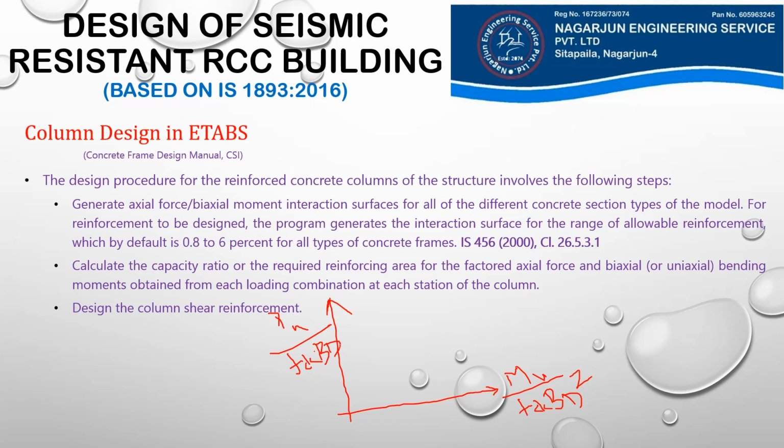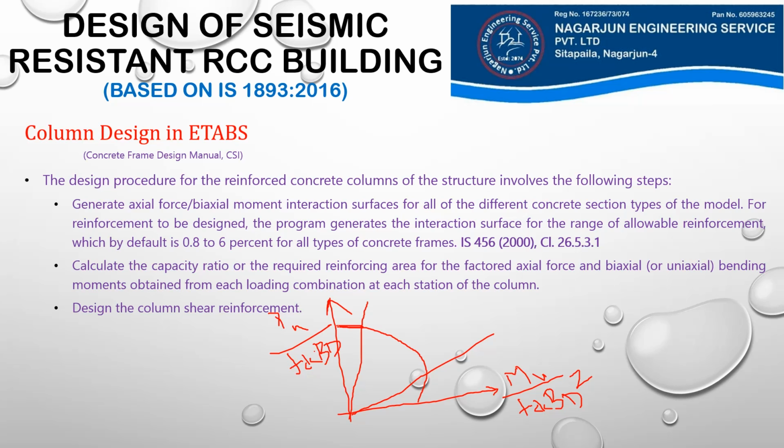We have this in our SP16 design code, and our curves are somewhat like this. And we can divide this curve into 3 different sections by using these 2 lines.